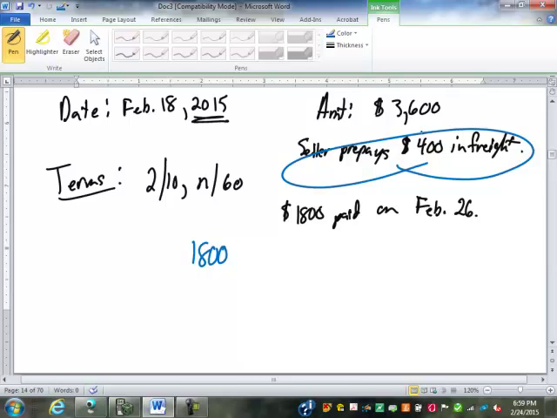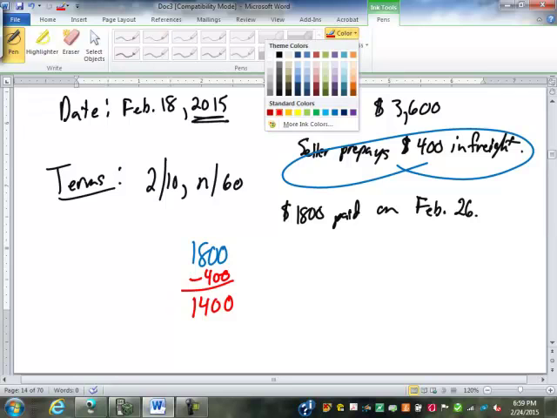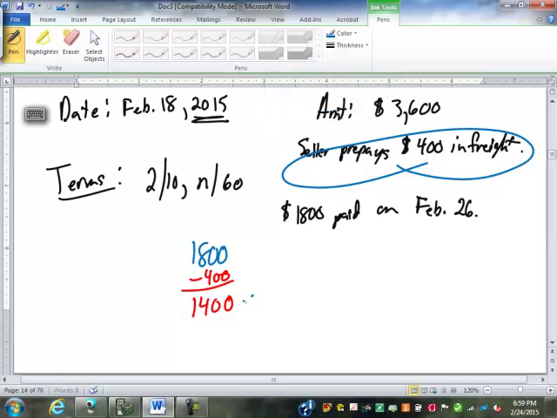And there's never a discount on freight. So from the $1,800, the first $400 goes to pay the freight, which means now there's $1,400 left to go towards the payment, and that does get the 2% discount, so divided by 0.98, which will give us $1,428.57.